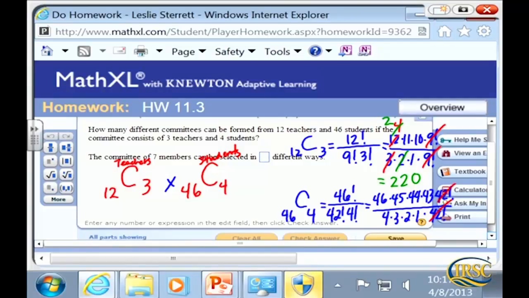Okay, 42 factorial cancels. 4 goes into 44, 11 times, good. 3 goes into 45, how many times? 15 times. 2 goes into 46, 23 times. And then you have 23 times 15 times 11 times 43.